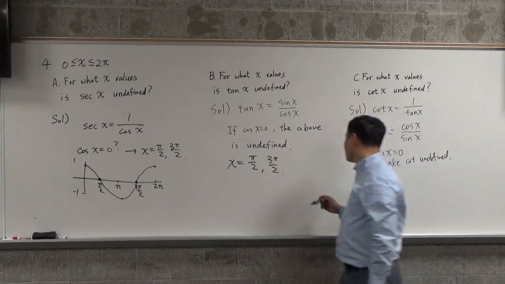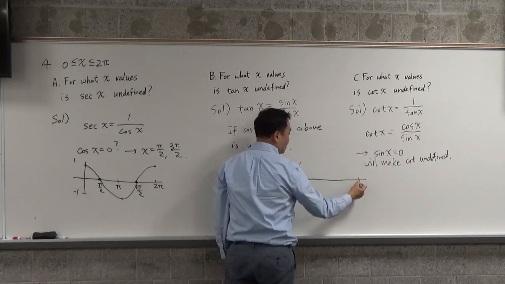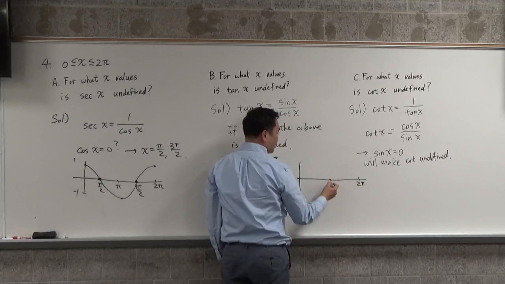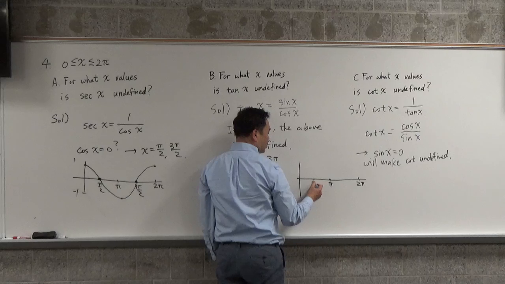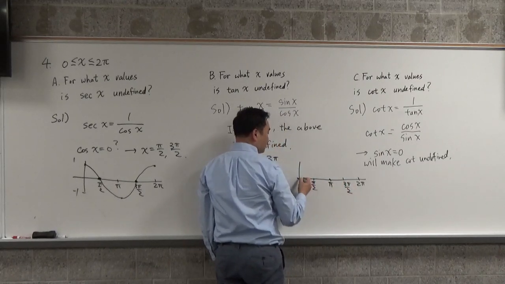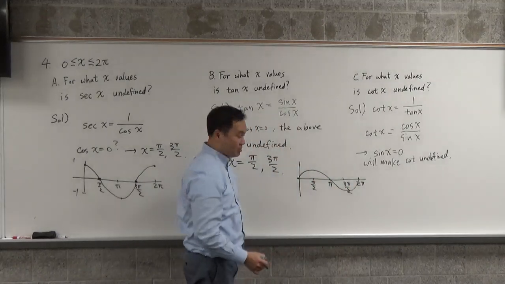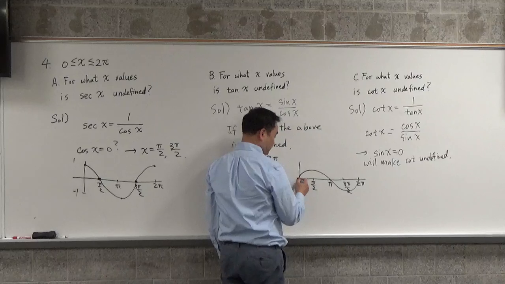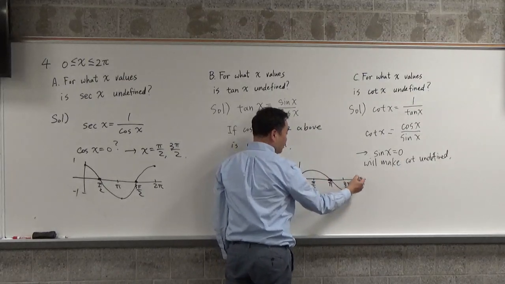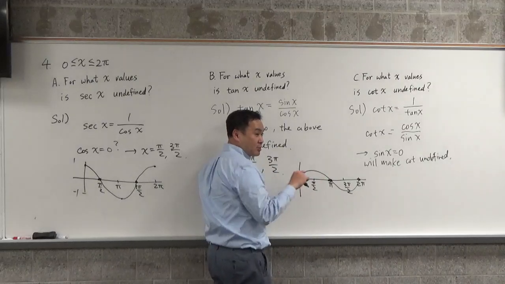So now you have to draw the graph of this sine function. 2 pi, pi, pi over 2, 3 pi over 2. If you draw this many, many times, it'll look very easy. So these are the places where the value is right on the x-axis, right?